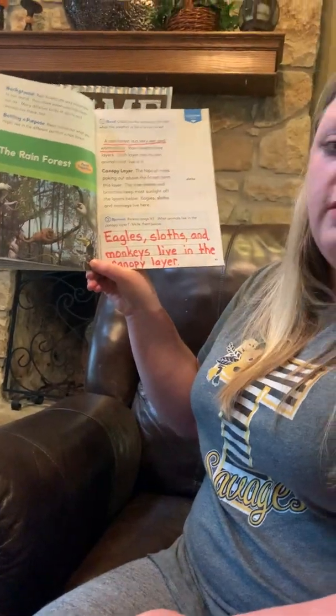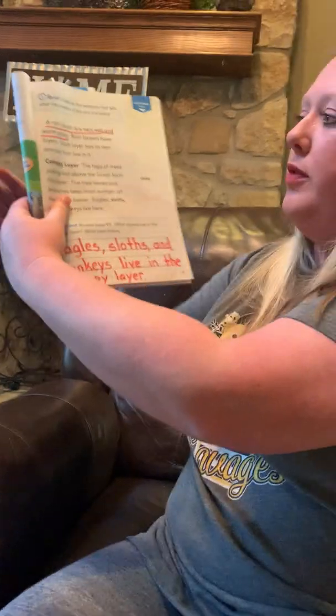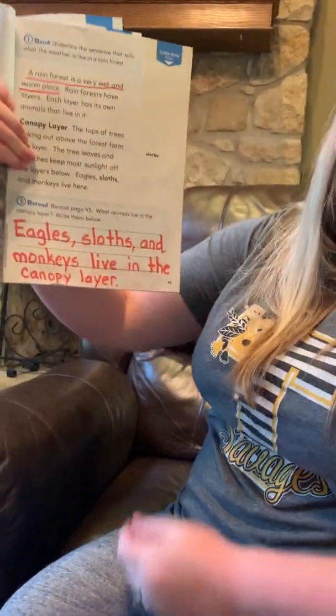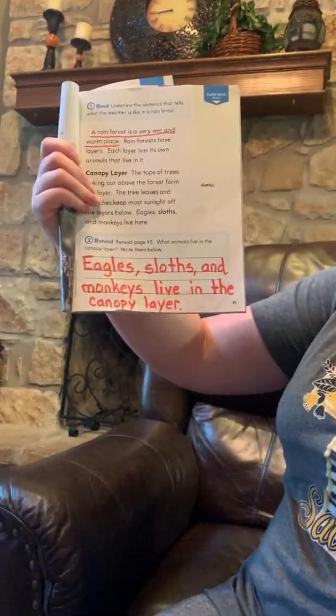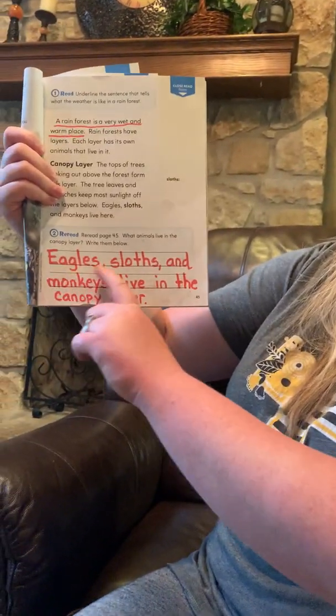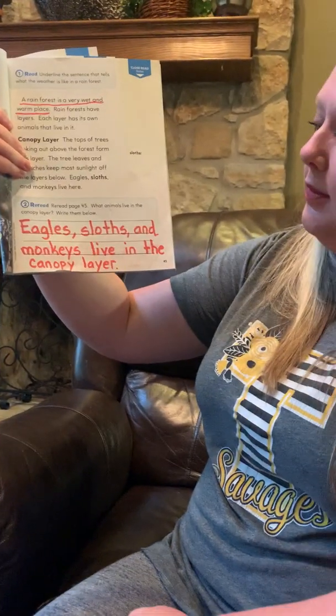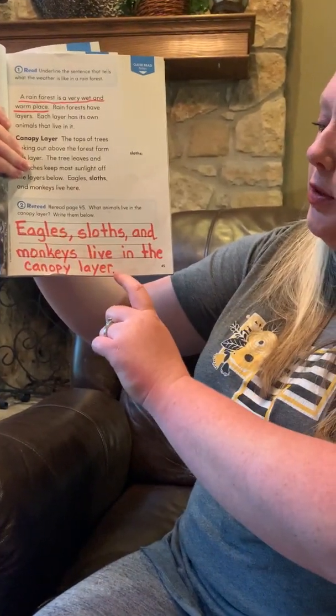Because remember, we call this very top layer, the top of the trees, the canopy layer of the rainforest. Oh, I'll move that a little closer. You might have to pause your video, but remember, as you write it, today you're going to begin your sentence with a capital, but we also have to add our commas to separate our 3 animals. And when you're done, you'll put a period at the end.